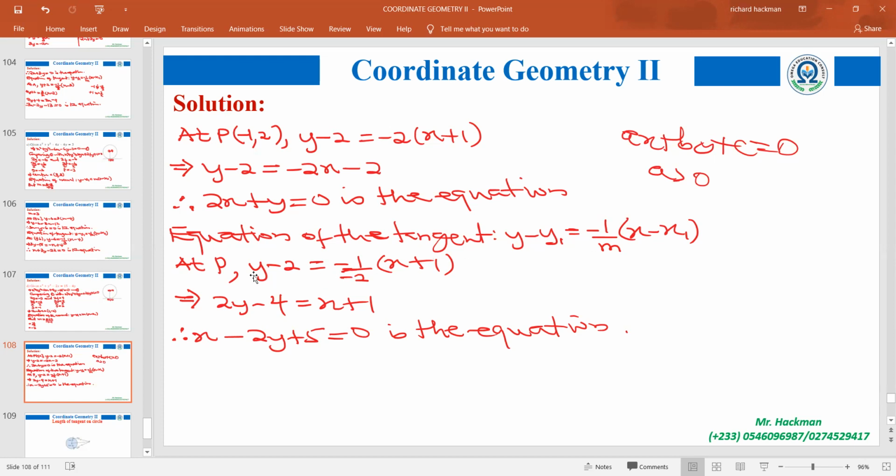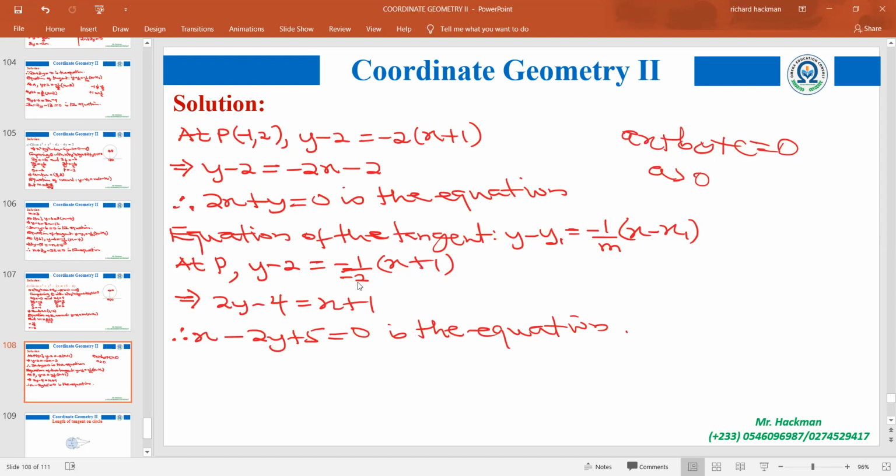In this case, I didn't write the coordinates at P. I know the coordinates: minus 1 for the x sub 1, 2 for the y sub 1. So it will be y minus 2 is equal to minus 1 over negative 2 into x minus x sub 1. So x sub 1 is negative 1, so it will be minus minus, so it will be plus 1.